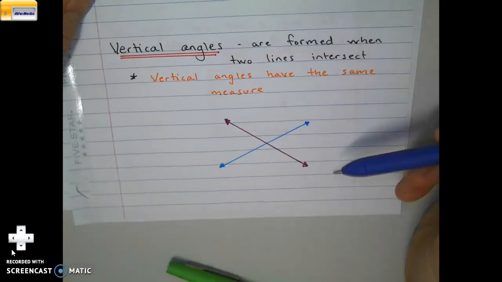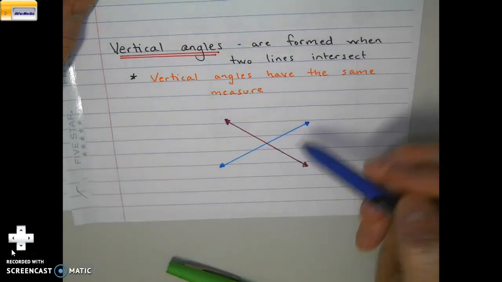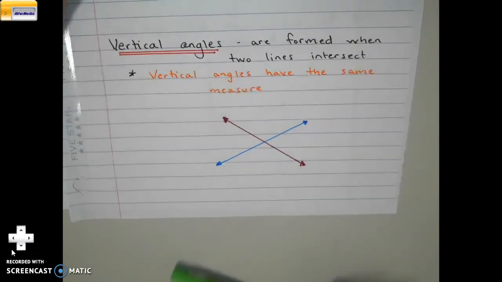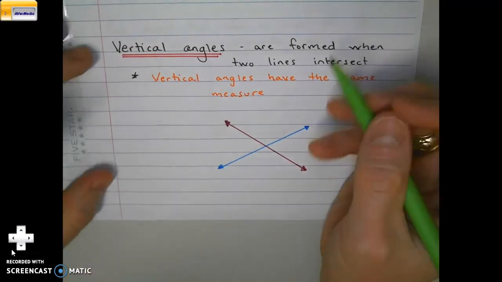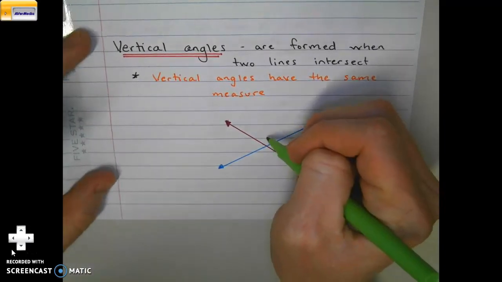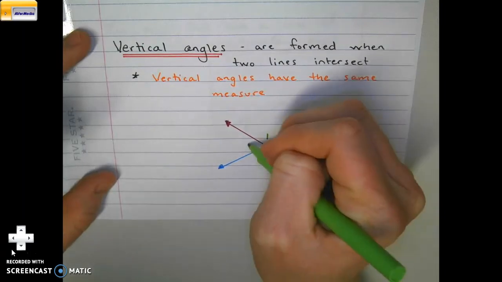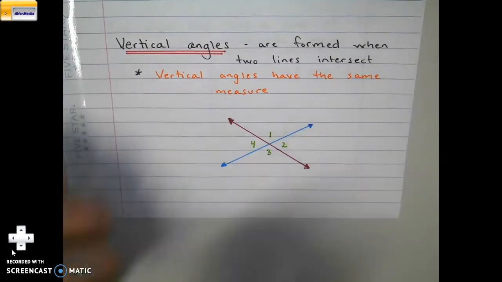So you have two lines. Right here we have the blue line and this pink line. I'm not sure if the pink really shows up for you guys, but those make two lines. They intersect, and this is angle 1, 2, 3, 4. Now, this is kind of a cool trick.